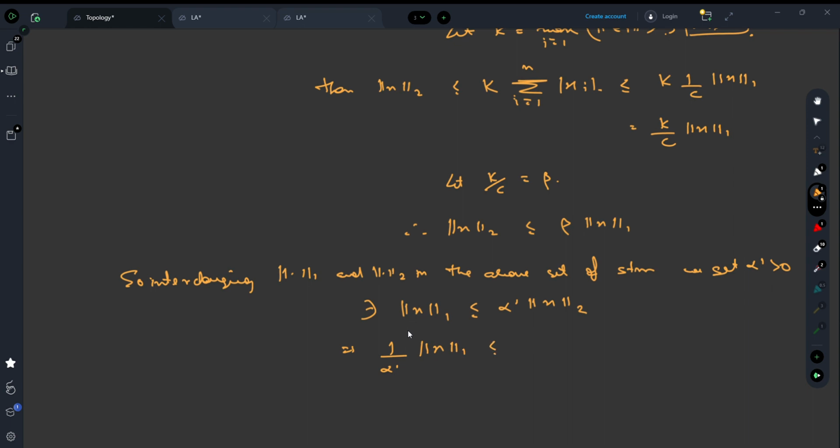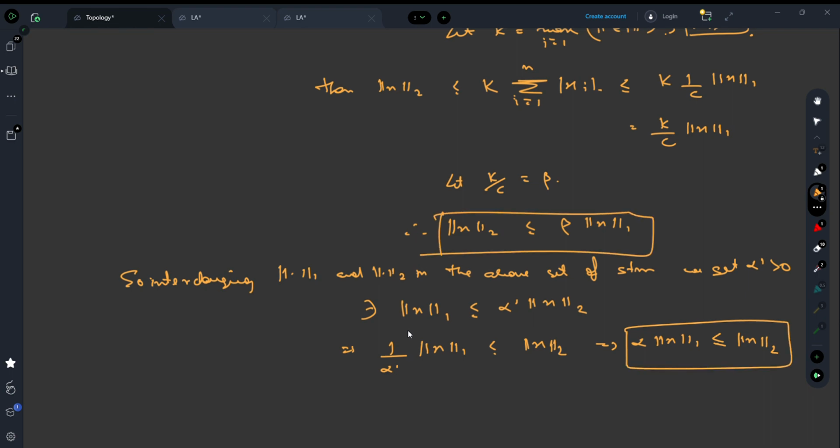But then we can put alpha dash to the left, so we can say that 1 upon alpha dash times norm 1 of x is less than or equal to norm 2 of x. We can choose this 1 upon alpha dash to be alpha, so alpha times norm 1 of x is less than or equal to norm 2 of x.